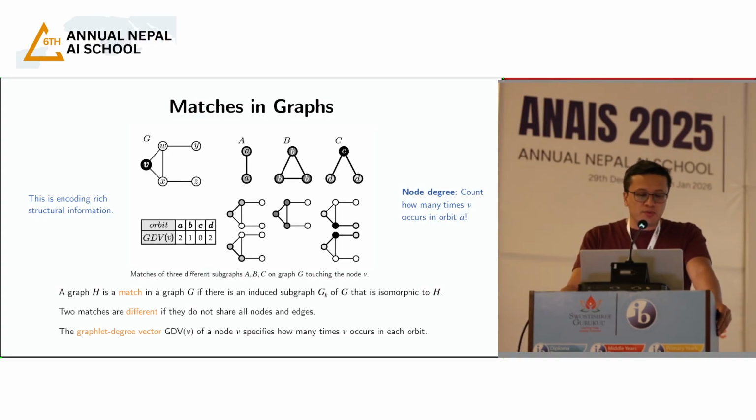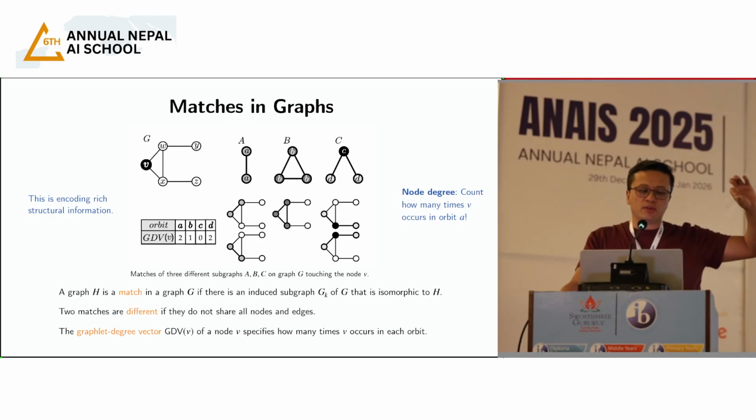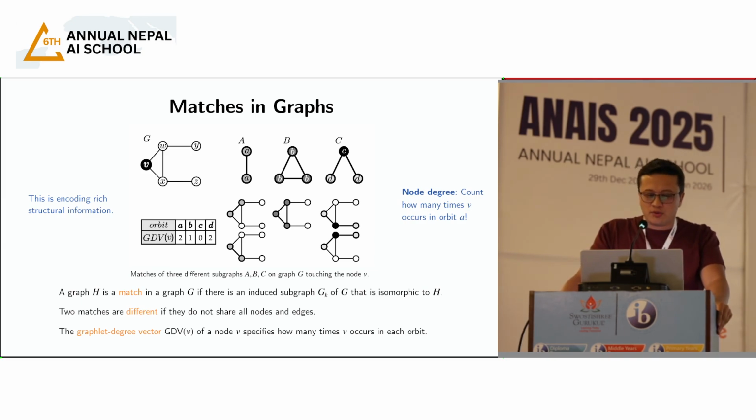What we want to do is count the occurrences of these motifs that touch a certain node in the graph. For each node, rather than just injecting naively the counts, we want to inject how many times this motif matches that node and inject specific information about that particular node.